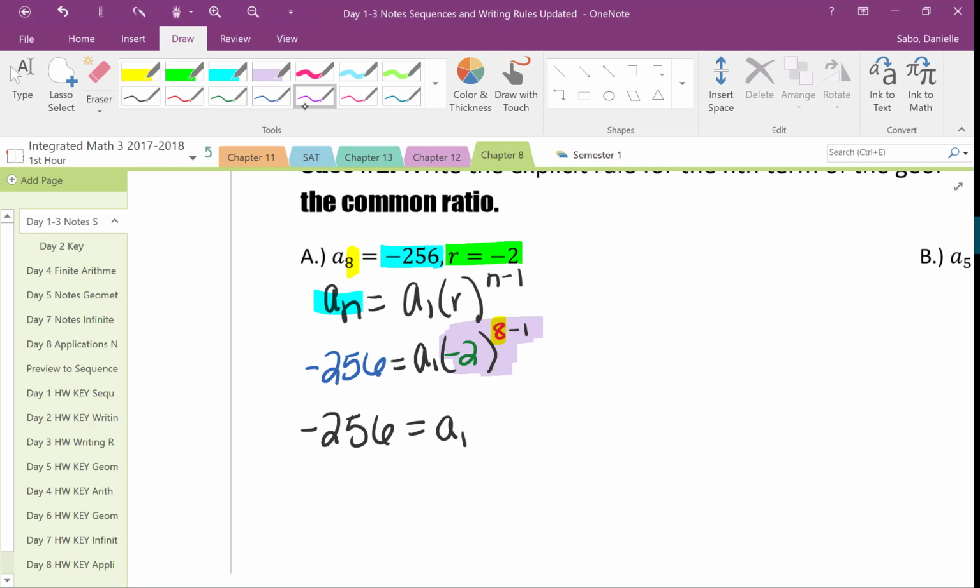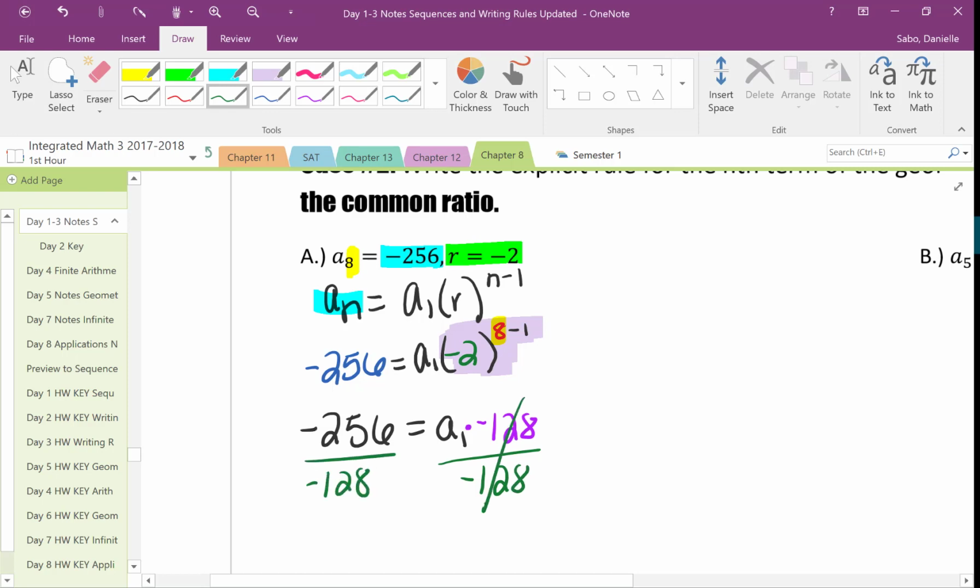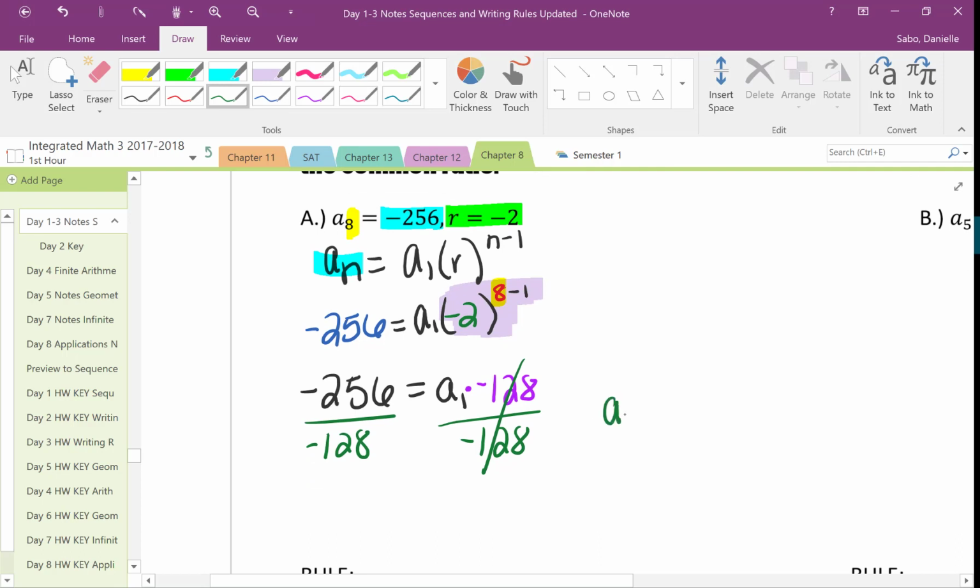Not 256. Negative 128. Negative 2, put little times there so that you guys don't get confused, times a negative 128. Then what would I do to both sides to get the value of the first term? Divide it by negative 128. So the value of the first term we found out to be 2.